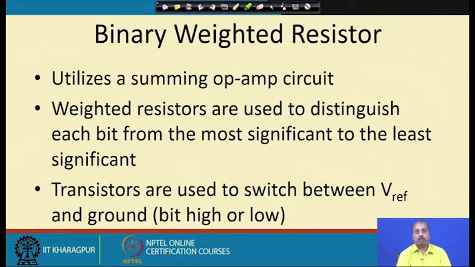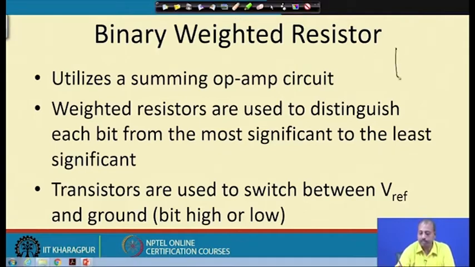The first digital to analog converter that we will look into is the binary weighted resistor based digital to analog converter. It utilizes a summing operational amplifier circuitry. What we mean by a summing operational amplifier is, an operational amplifier is some circuit like this. I hope you are familiar with this diagram.